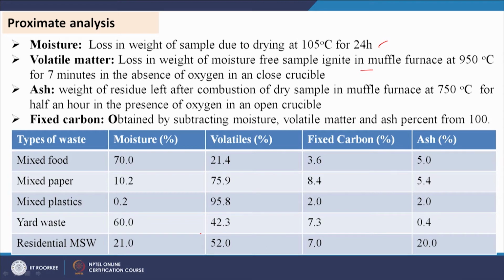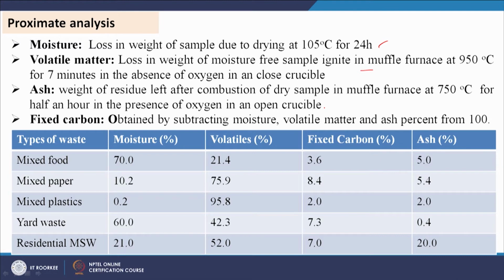And for the determination of ash content, it is the weight of residue left after combustion of dry sample in muffle furnace at 750 degree centigrade for half an hour in the presence of oxygen in an open crucible. So, the residue which remains after the volatile matter determination, we can heat at 750 degree centigrade in presence of oxygen.